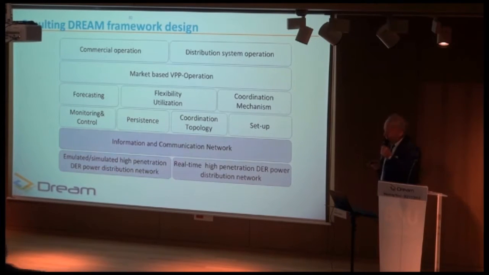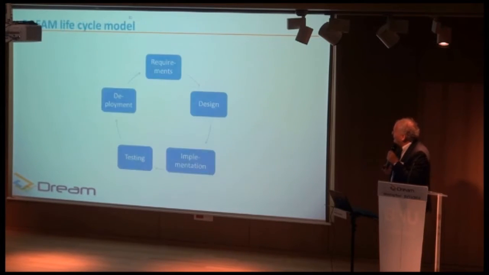Then an important aspect is the coordination topology and the setup. And from that we came to more general things like forecasting, flexibility utilization and coordination. And that's one of the things that's very important, especially to the Dream framework. And with that we were able to serve commercial operations and distribution system operation.